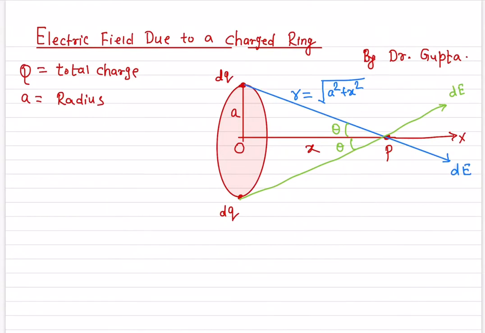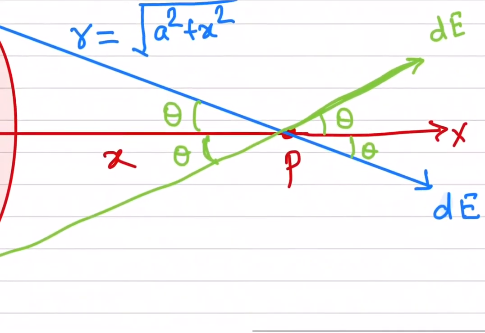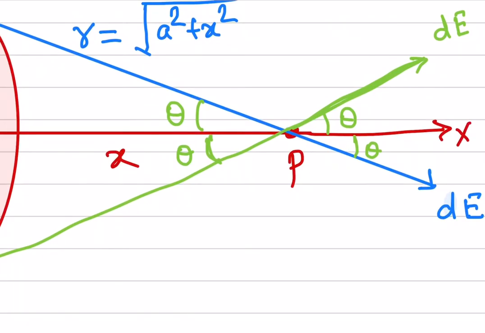Now the next thing we're going to do is resolve this electric field into two components. As this angle is theta, this angle will be theta, and this angle will also be theta. So now let's focus on this part here first.